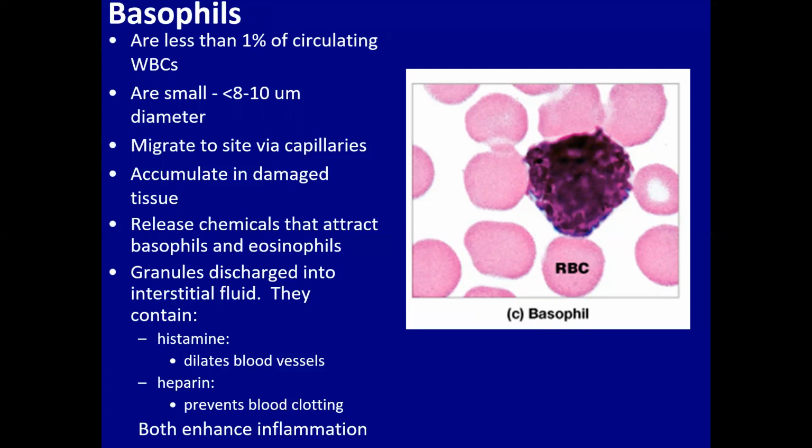The granules that they have on the inside contain histamine and heparin, and that's going to dilate blood vessels and prevent blood clotting, and both of those enhance inflammation. So now we have two, neutrophils and basophils, that enhance inflammation, but basophils are also going to call in eosinophils, and that's going to decrease inflammation.